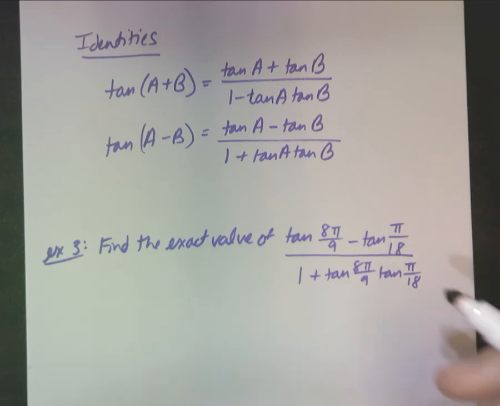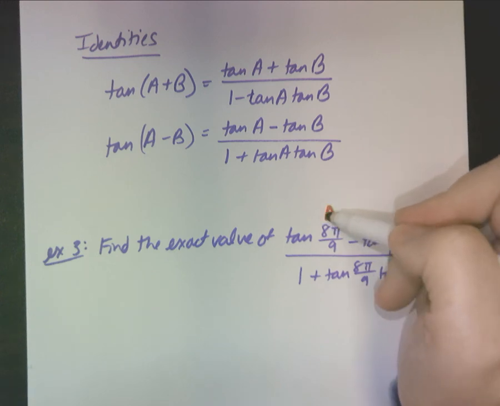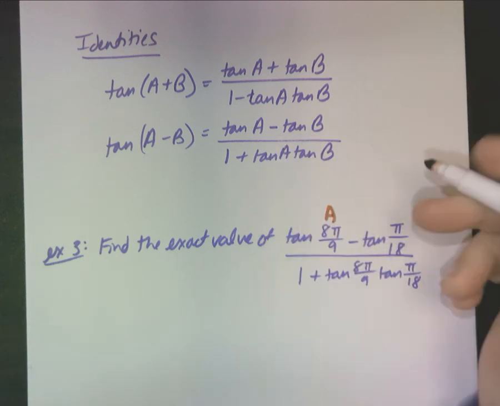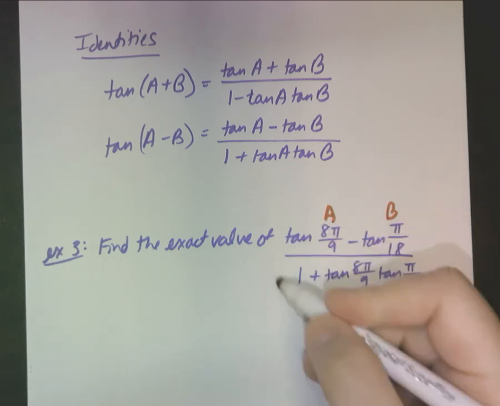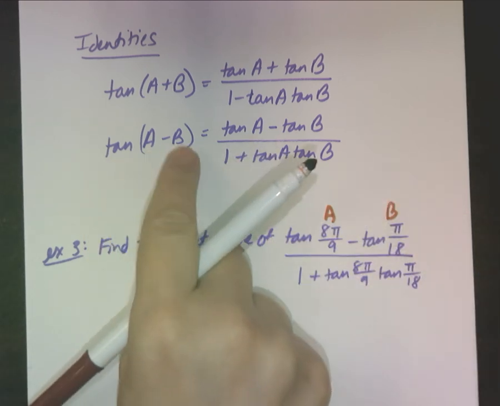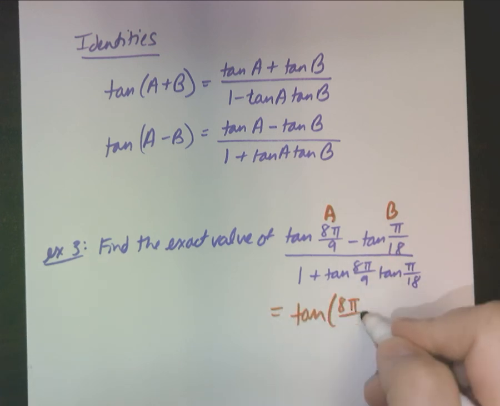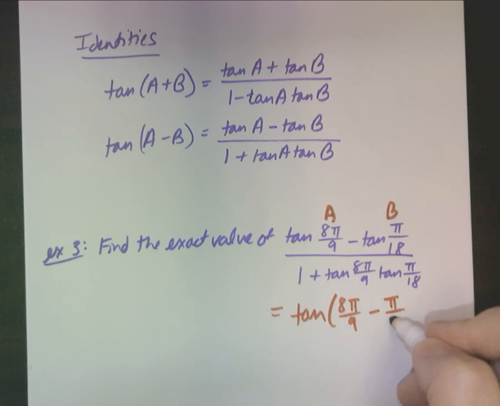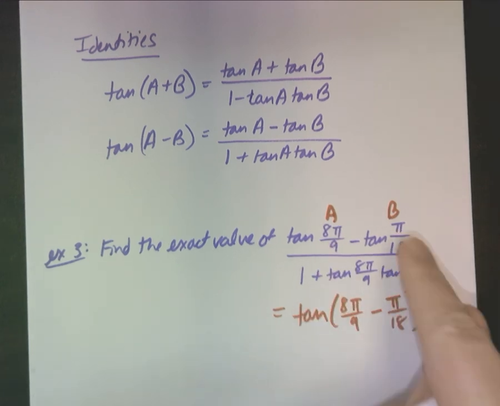Well, according to the formula, tan of A, that must be A. Minus tan B, that must be B. So this whole thing right here can actually just be rewritten as tan of A minus B, or tan of 8 pi over 9 minus pi over 18. That's your A, right? That's your B. That whole thing is the same as that.